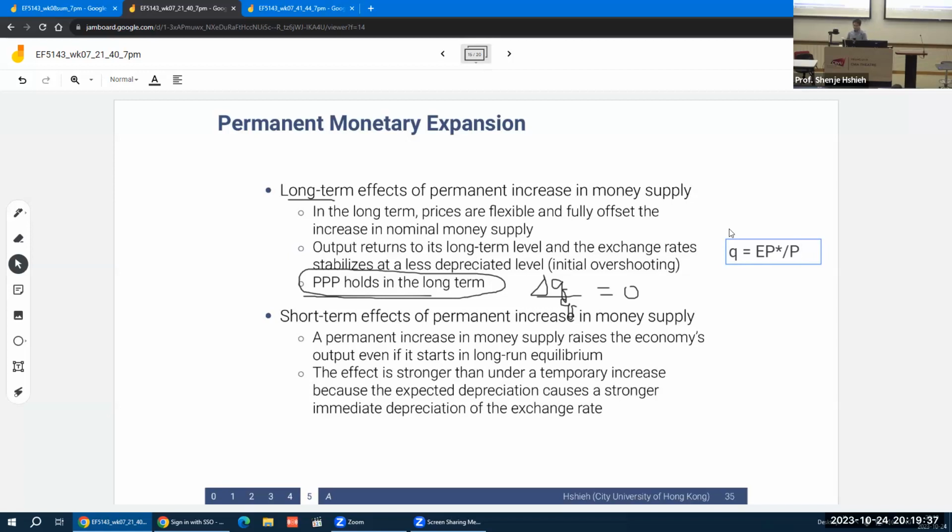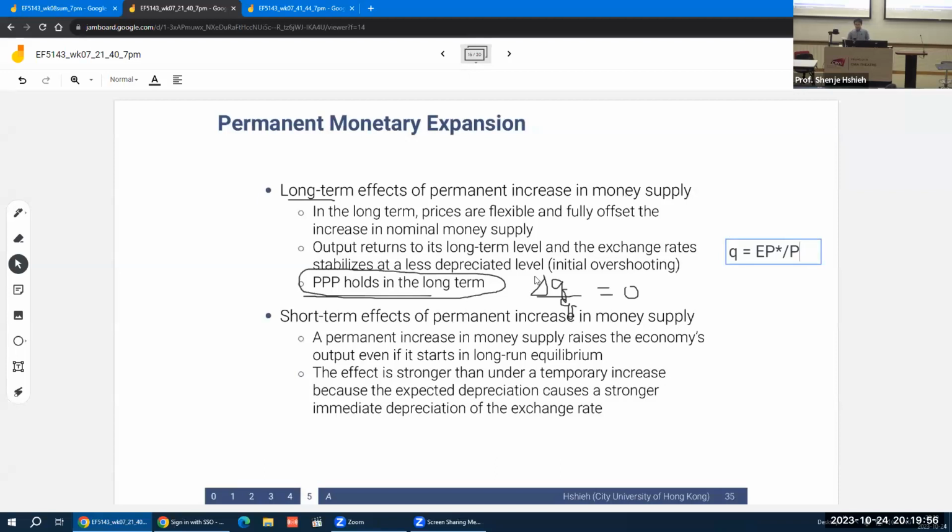If Q stays the same as compared to what Q was before the monetary expansion, then we conclude that relative PPP holds, because Q did not change.